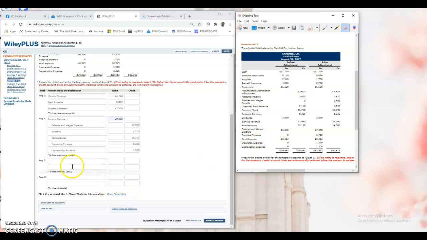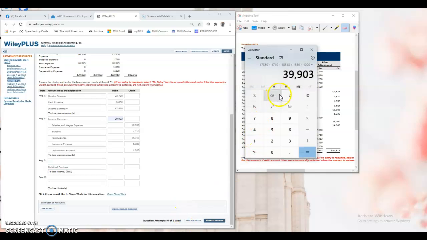Okay. Next, we're gonna go ahead and get the retained earnings. Retained earnings, we're gonna subtract expenses from revenues.